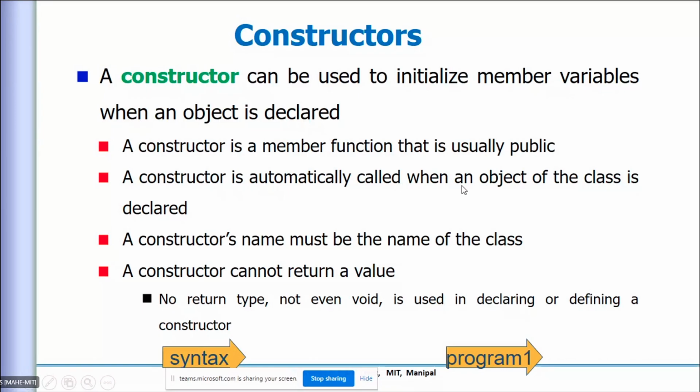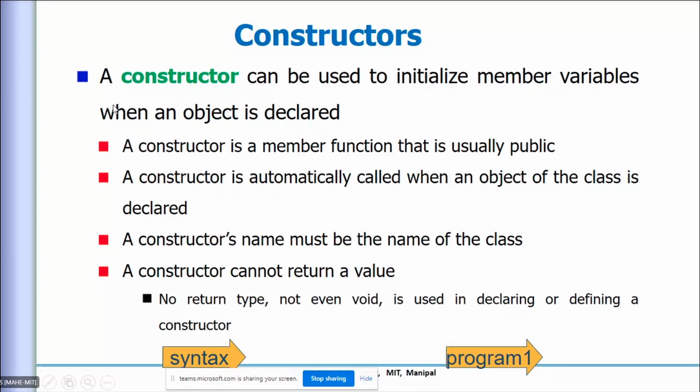The constructor name, this is very important: the constructor name must be the name of the class. If you declared, for example, Employee in the previous example, your constructor name also should be Employee, the same, and it is case sensitive too.